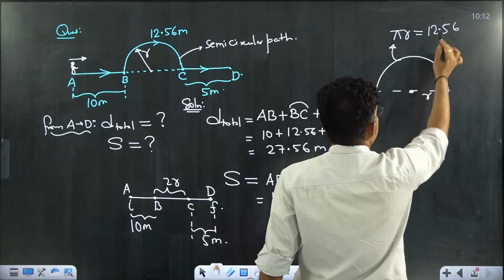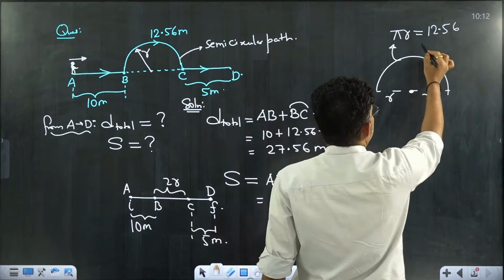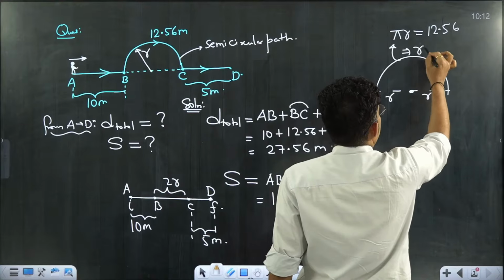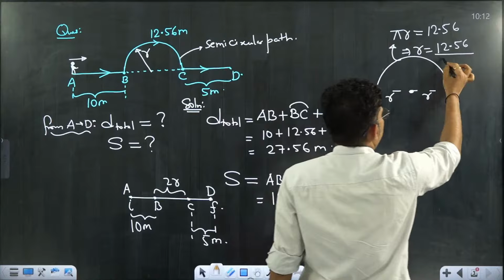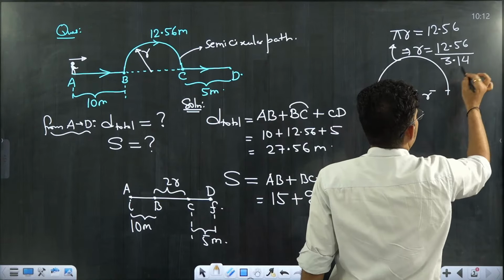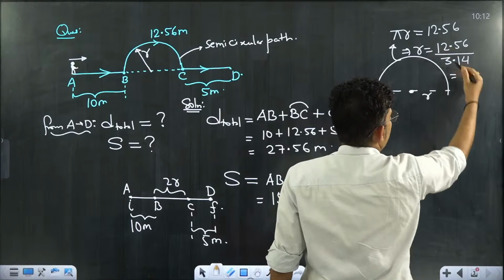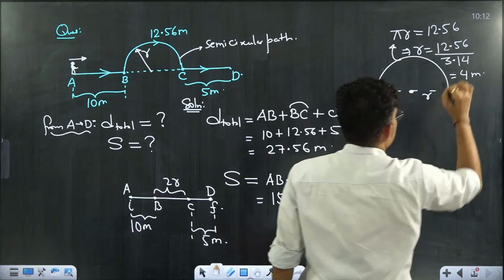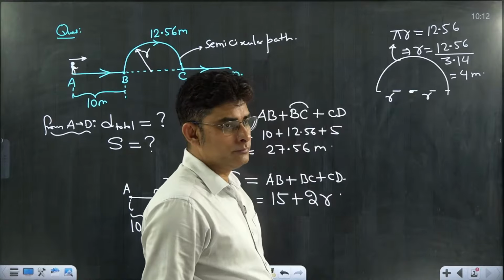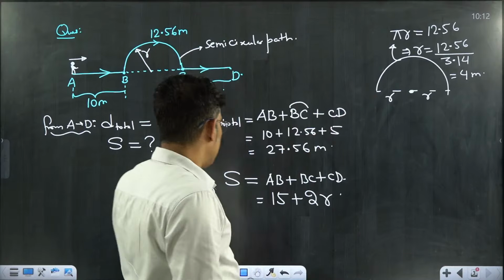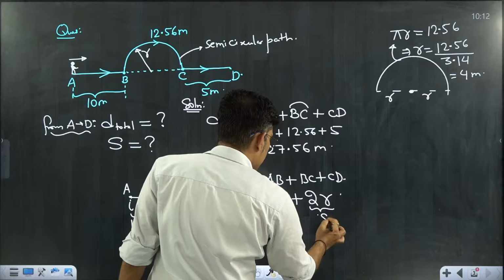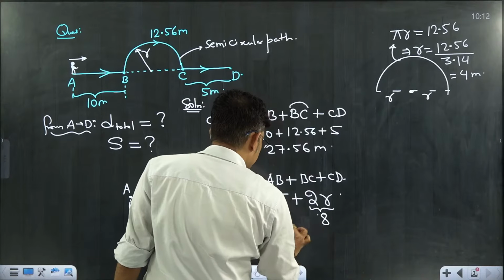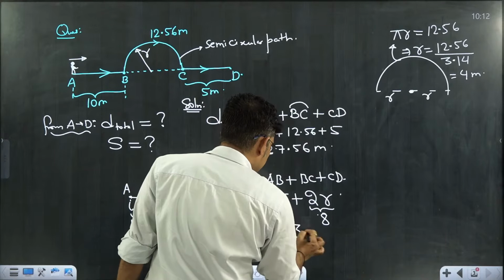So if pi r is 12.56, that means r is 12.56 by pi, and we know the value of pi is 3.14. So if you multiply by 4, you can see radius comes as 4 meter. So if radius is 4 meter, then BC will become 8, 4 2s are 8, so 15 plus 8, 23.